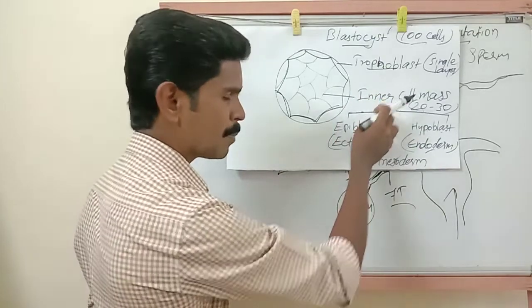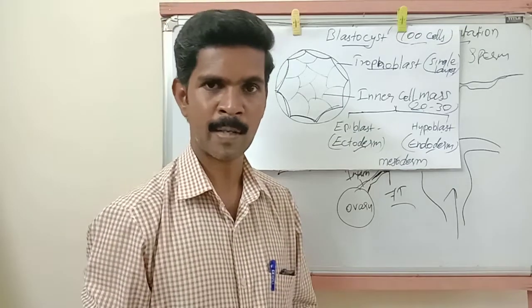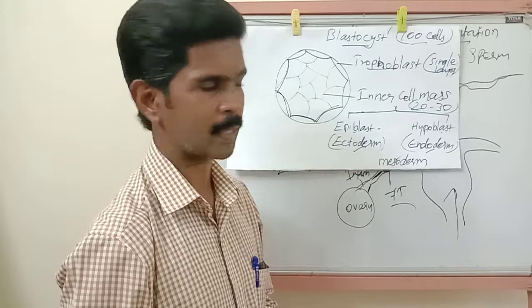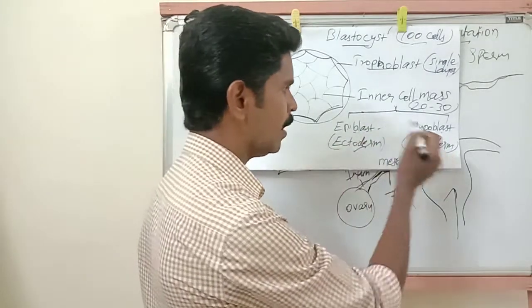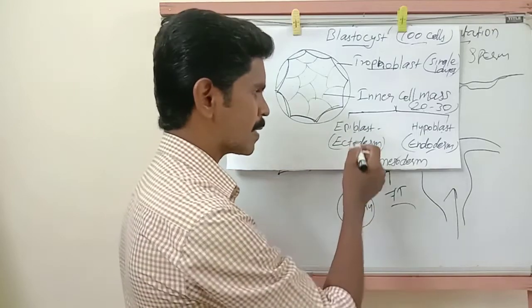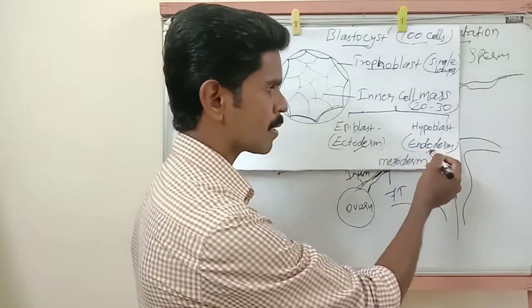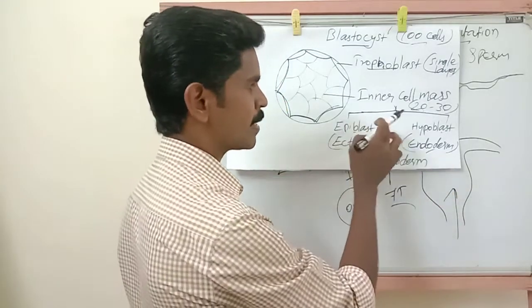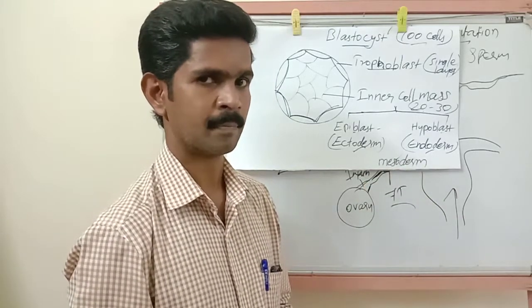From this inner cell mass the three germ layers develop, and after a few days from the three germ layers all the organs develop. First the inner cell mass is divided into epiblast and hypoblast. The epiblast region is converted into ectoderm and the hypoblast region into endoderm. Then the cells between these two are converted into mesoderm.